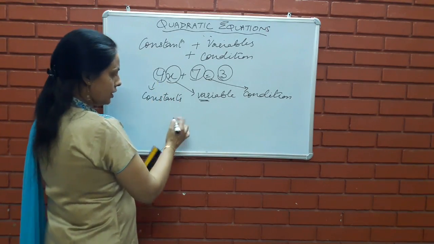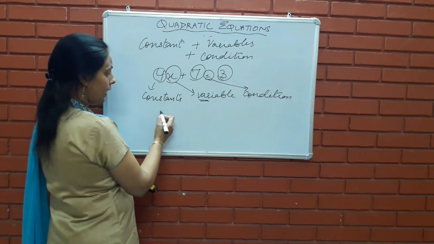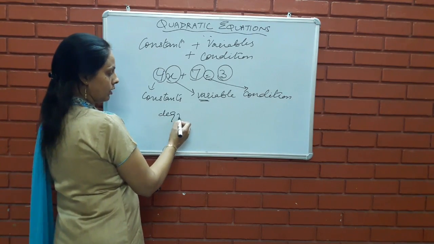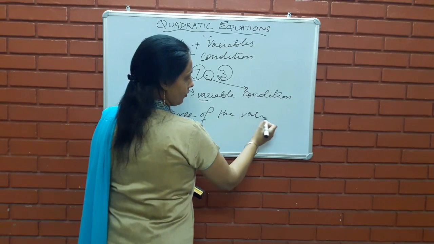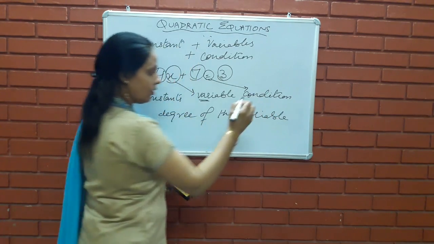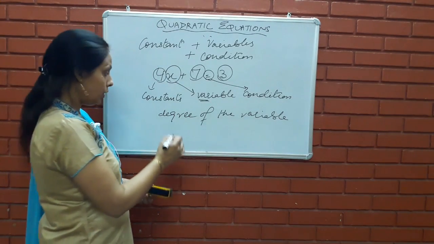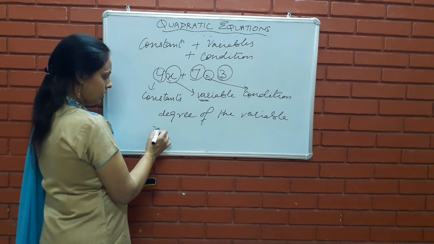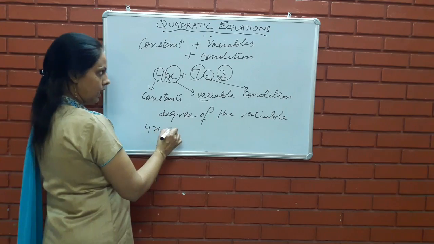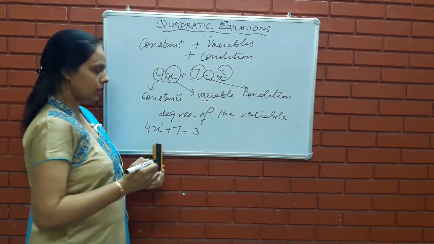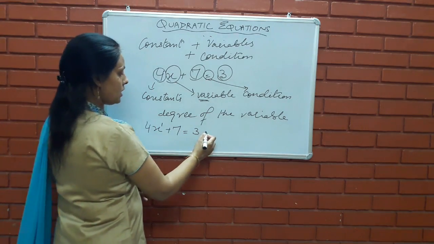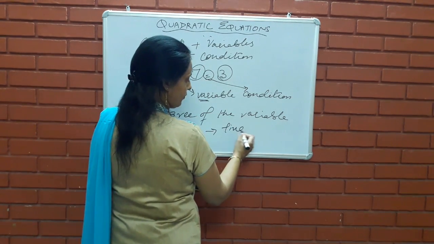We have different types of equations, and they depend on the degree of the variable. If any variable has the power 1, as in this question, so the exponential power of this variable is 1, then this is a linear equation.